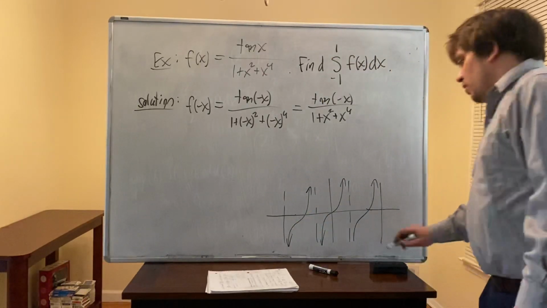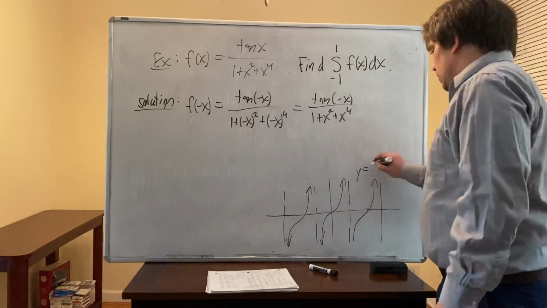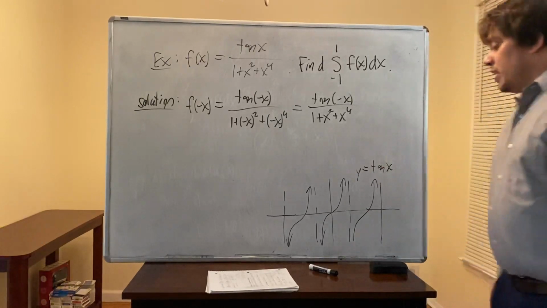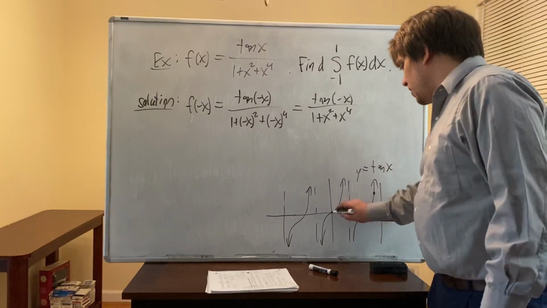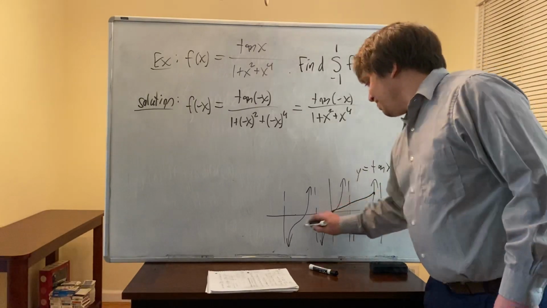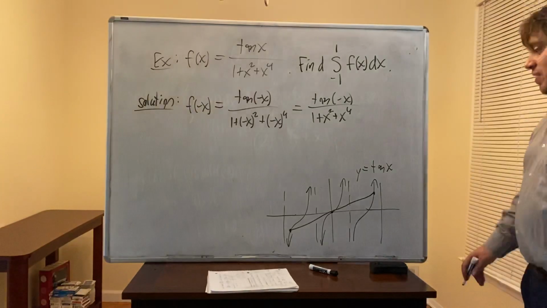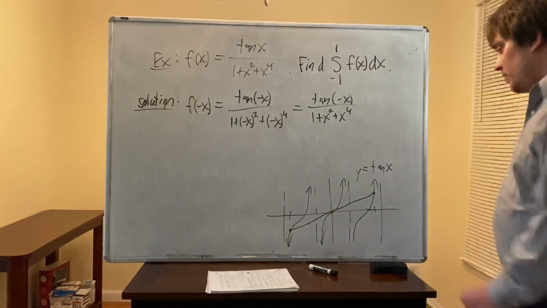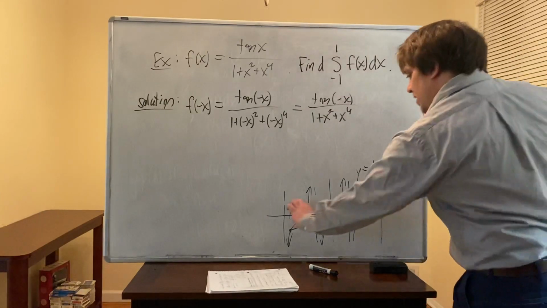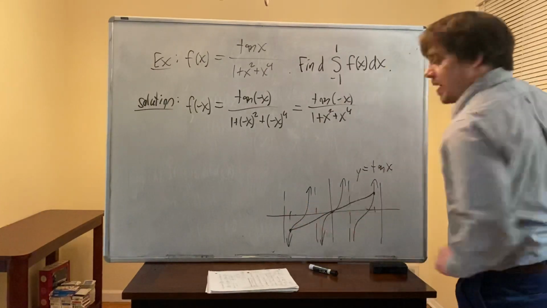It's an odd function. It has symmetry about the origin. If you take any point on the graph of tan, this length is the same as that length, and this height and that height are negatives of each other.